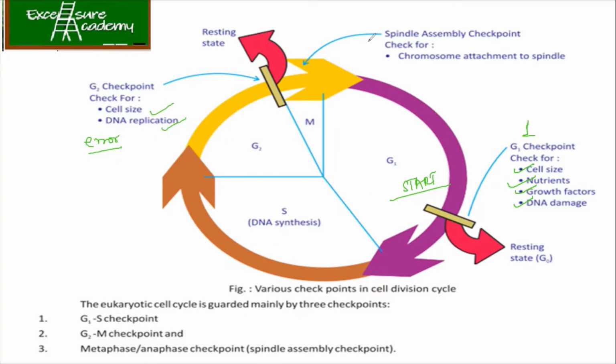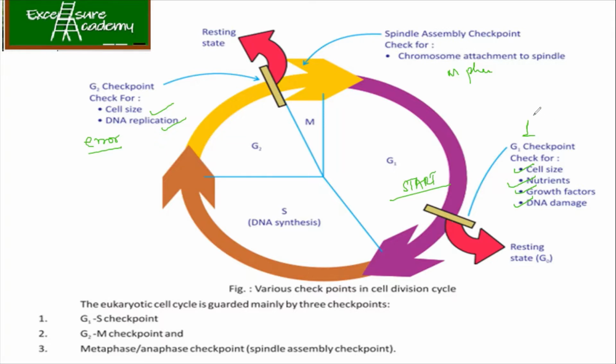Then we have the spindle assembly checkpoint, in the M phase. Here it checks whether all the chromosomes are attached properly to the microtubules or spindle apparatus. So these are the various checkpoints at which the cell regulates all its processes, whether the cell is ready for the particular step or not.